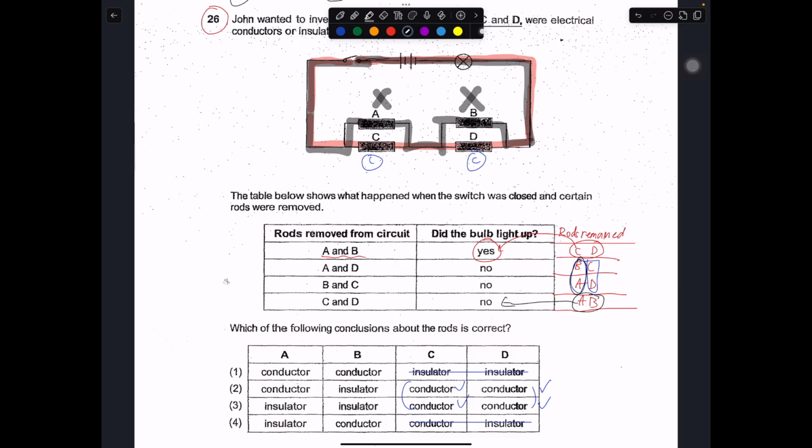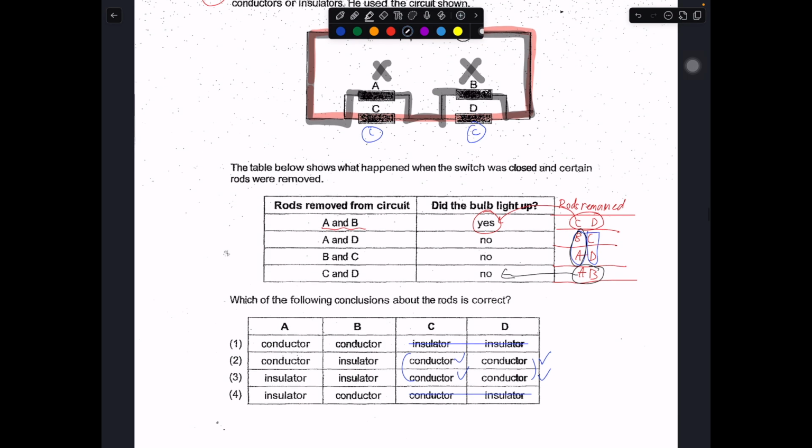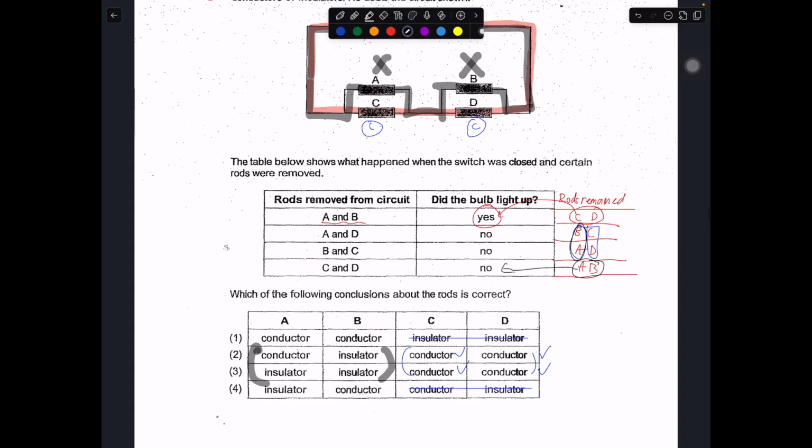So it cannot flow through A and B, so it remains as an open circuit. So straight away AB must be insulator. So between these two answers, 3 is correct. So the answer is 3.